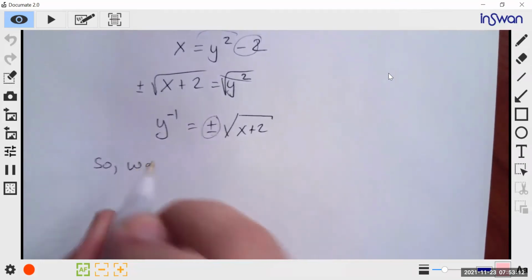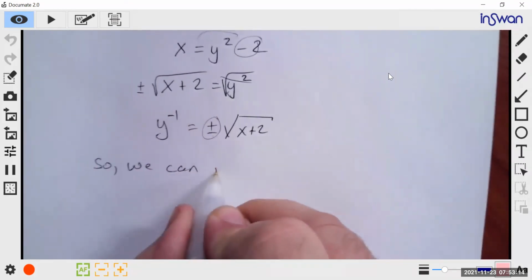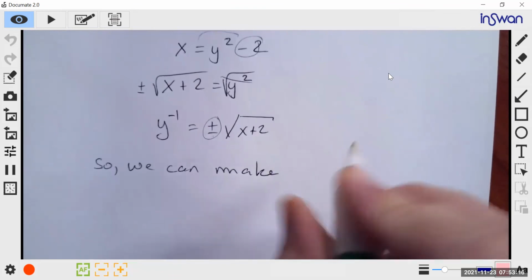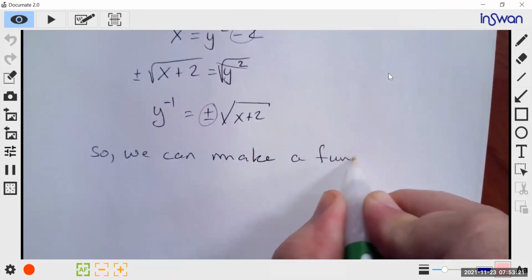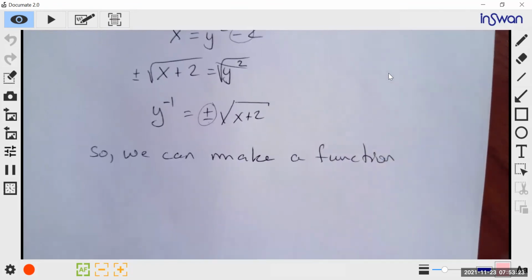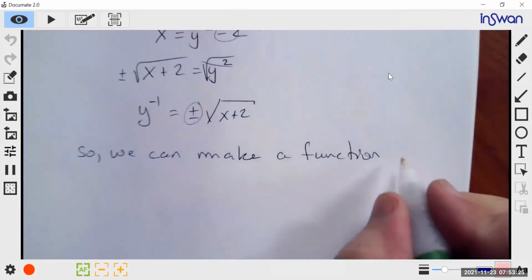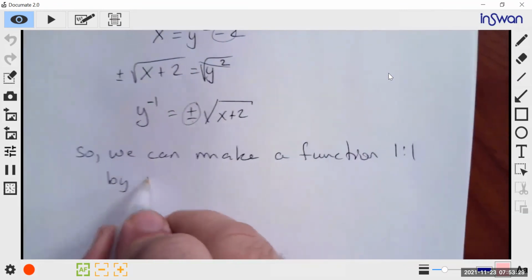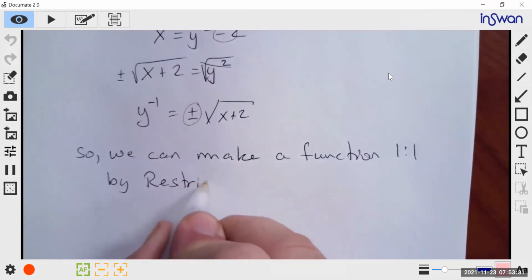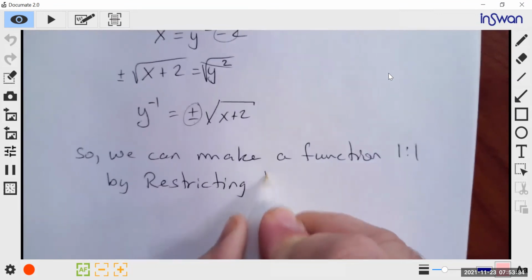So we can make it 1-to-1 by restricting the domain.